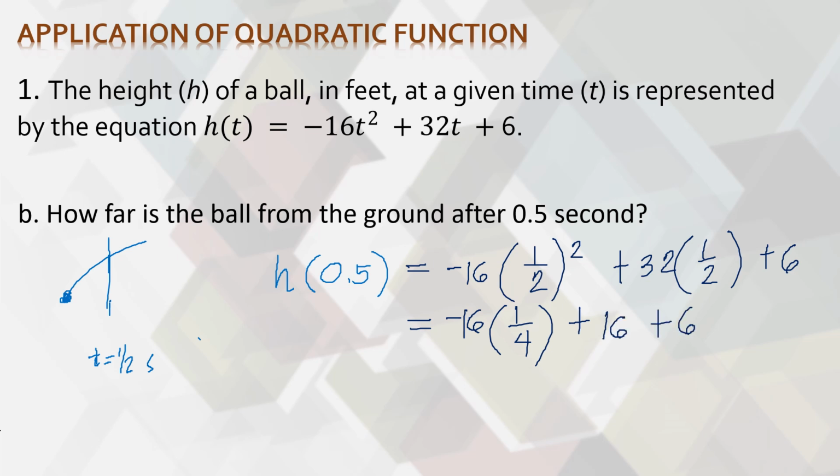So negative 16 divided by 4 is negative 4 plus 16 plus 6. So the answer here is 18. So ibig sabihin 18 feet. The ball is found 18 feet above the ground after 1/2 second. So can you just imagine ang bilis na pag-akyat ng ball, no? Yung pag-move ng ball upward.